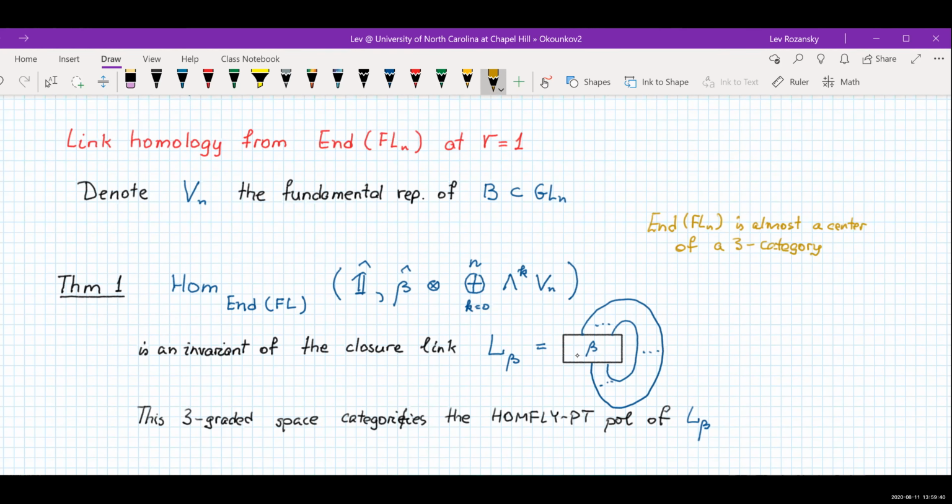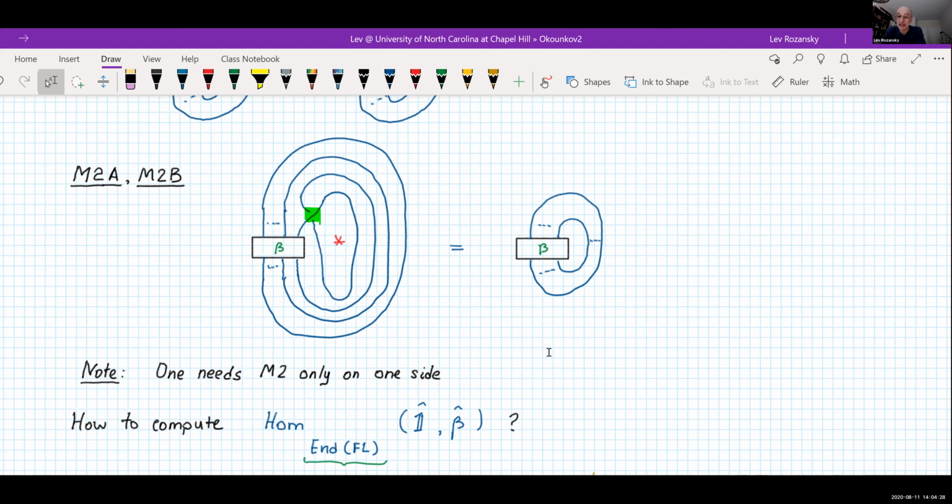You have to add these powers of Vn to establish invariance with respect to the second move. So there is some funny stuff for this invariance, which says that what we construct is more naturally an invariant of transverse links rather than ordinary links, but nevertheless can be tweaked into the invariant of ordinary links.